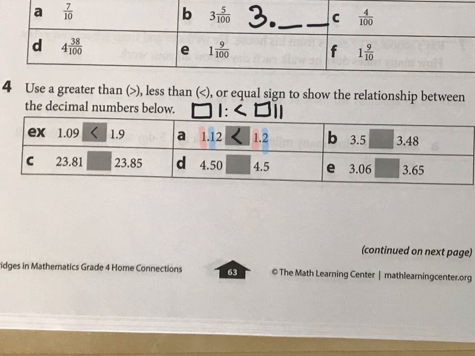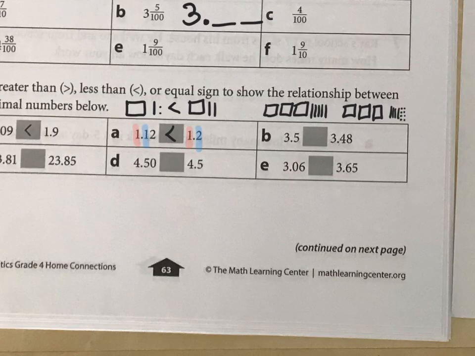Okay, same thing over here. You could either draw a picture or you could just compare. Okay, ones place, same. Let's look at the tenths place. 5 versus 4. Okay, what's bigger in the tenths place? That's going to be your larger number. Or just look at the drawing here that I did, and you can see what's going to be what.